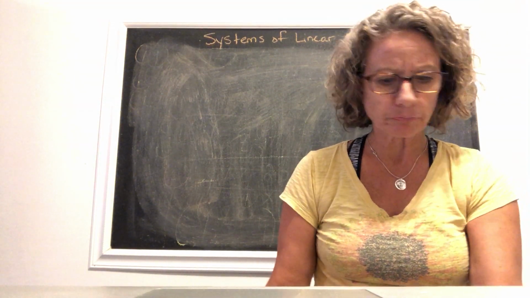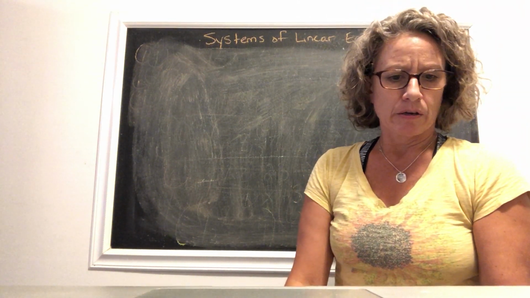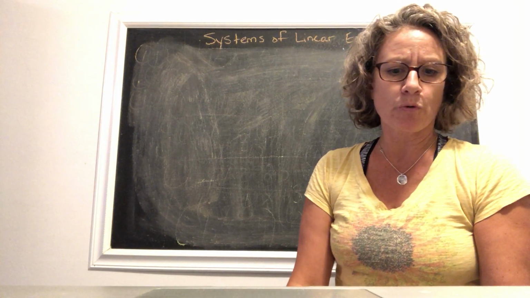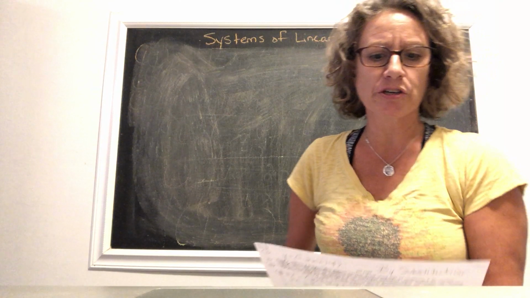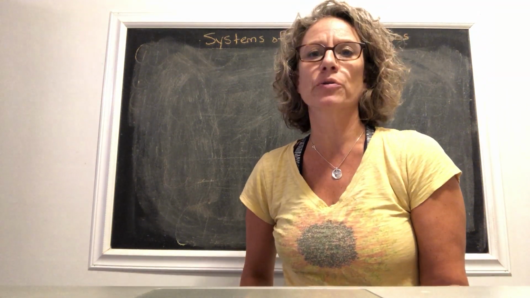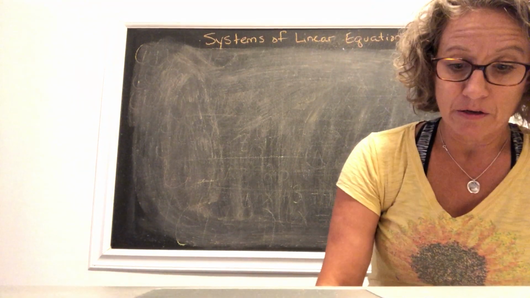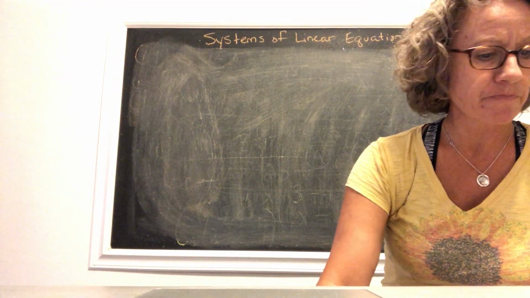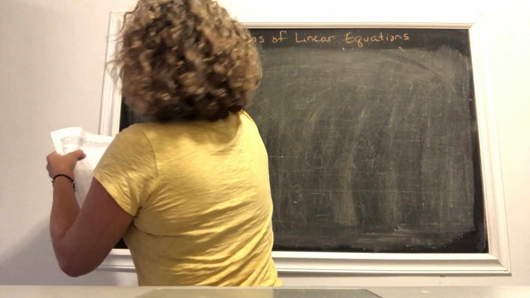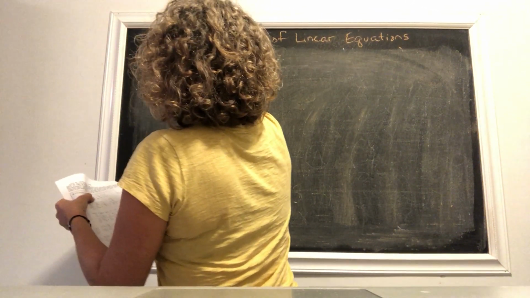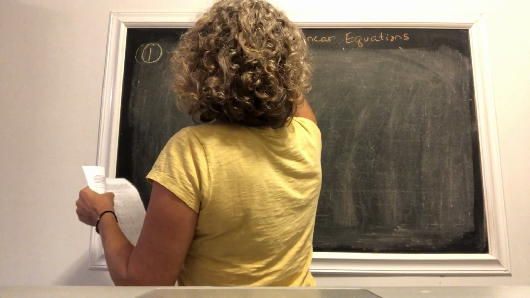Okay, so the Regents question was part 3, 4 points, and it said, solve the following system of equations algebraically for all values of a, b, and c. Okay, so the first equation, equation 1, was a plus 4b plus 6c equals 23.